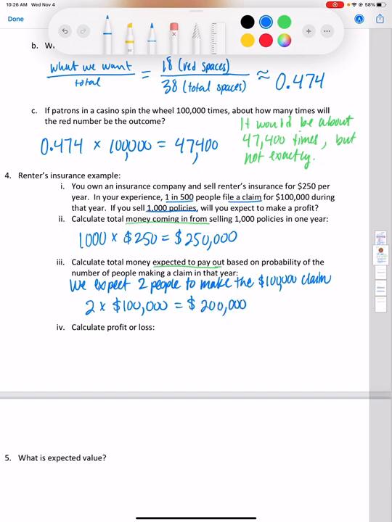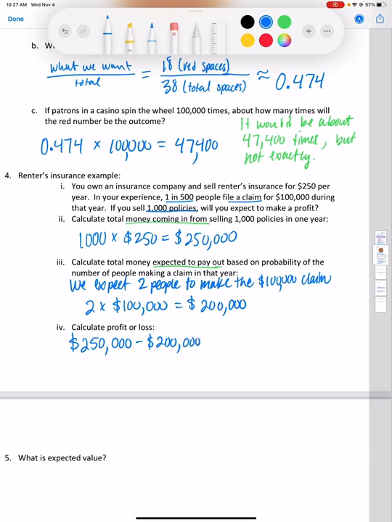Okay. Now we need to calculate the profit or loss. If we have $250,000 coming in and we expect to pay out $200,000 during that year, the profit or loss will be the difference of our income and our outgoing.